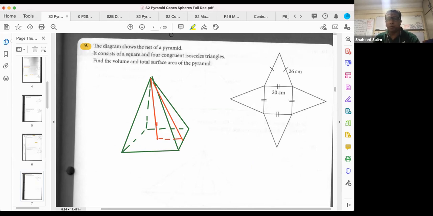I'm going to draw this triangle now. You see, we don't have the height of the pyramid. We need the height of the pyramid, otherwise we cannot find the volume. So now we need to draw another triangle. When we fold this up, it becomes like that. But all this triangle is at the side here. Can you see now? All at the side. We need the center one. So I'm going to draw now.